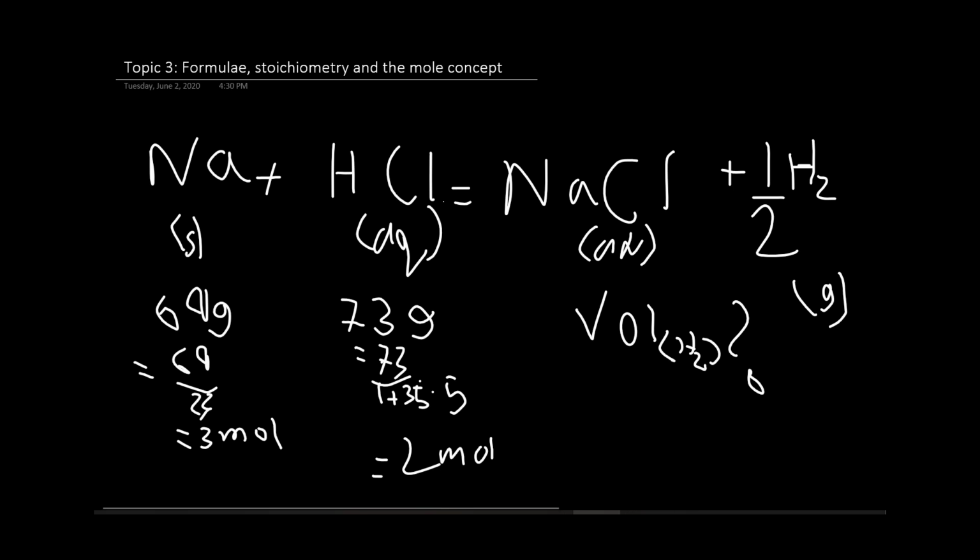Now, as we can see from the equation, 1 mole sodium will react with 1 mole HCl, right? So 3 mole sodium should theoretically react with 3 mole HCl, right? But have we been provided with 3 mole HCl? No, we've been given 2 moles, right?